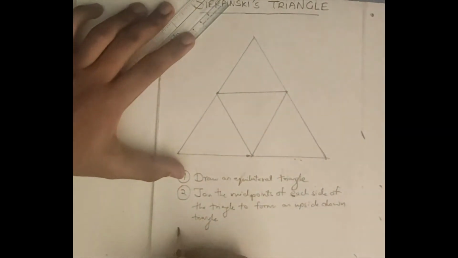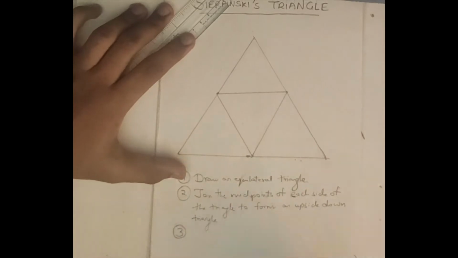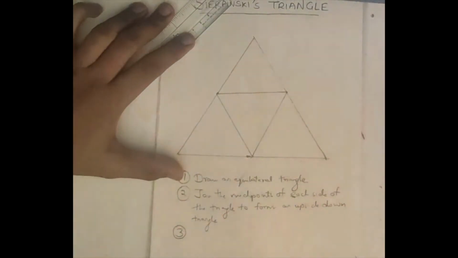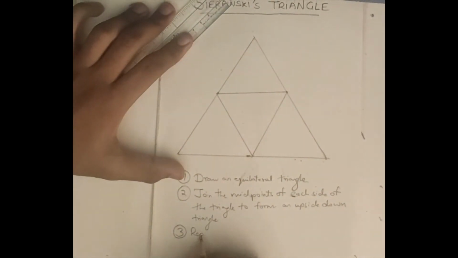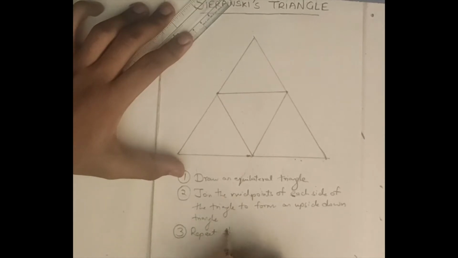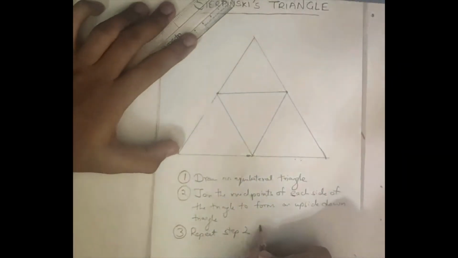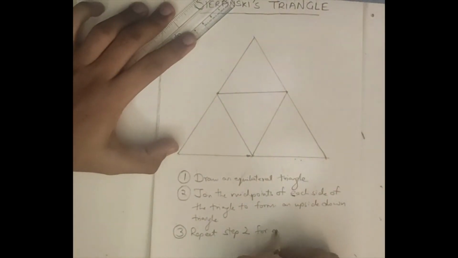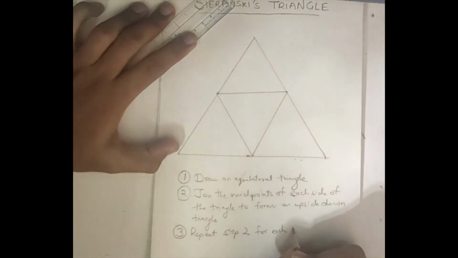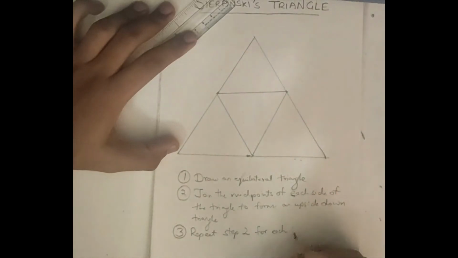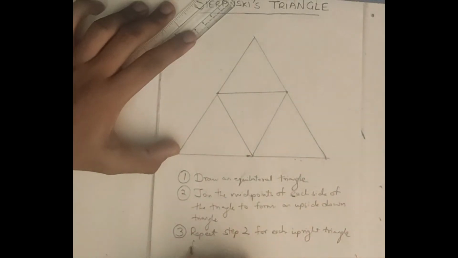Now step 3, and here's where the repeated process comes in. Step 3 is repeat step 2 for each upright triangle formed.